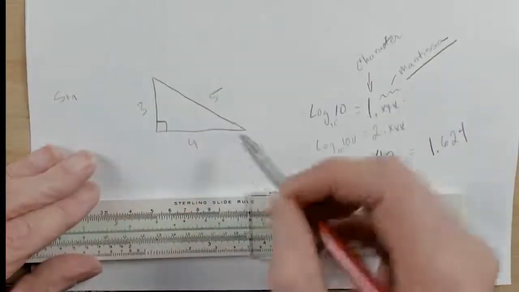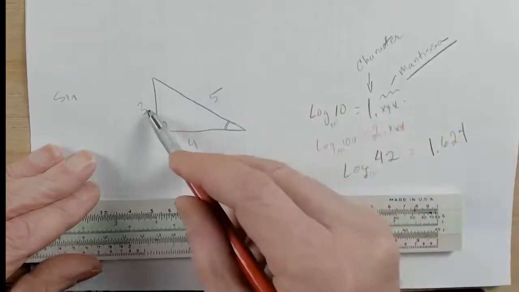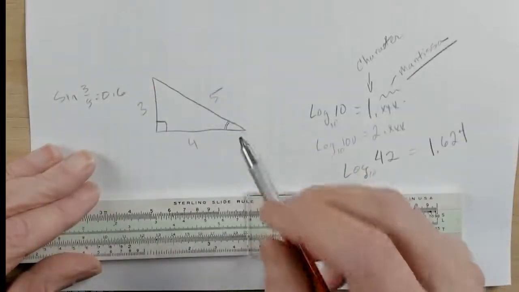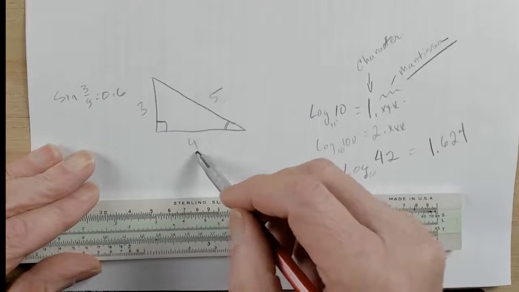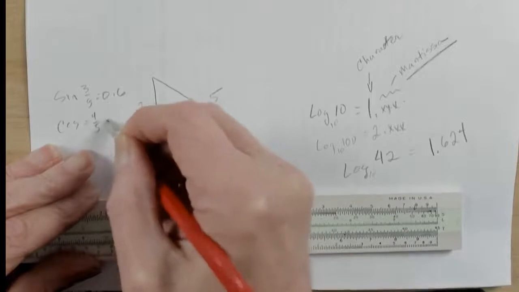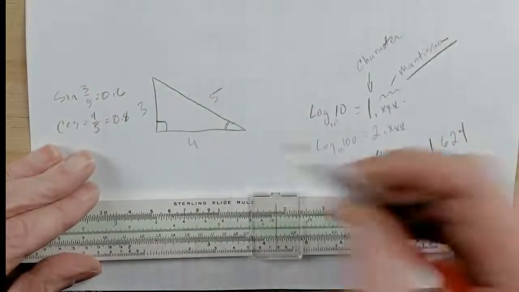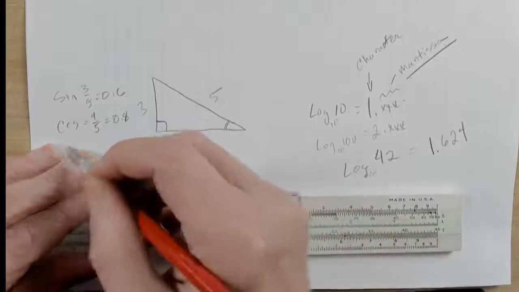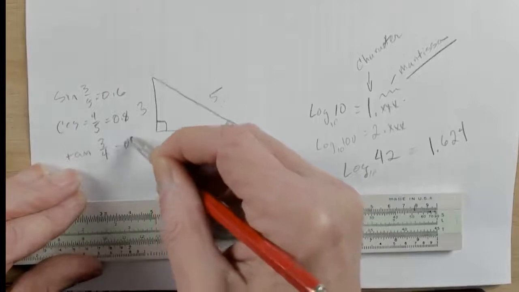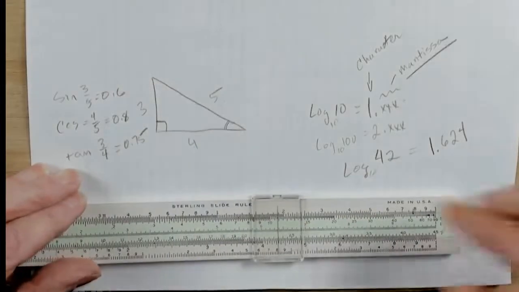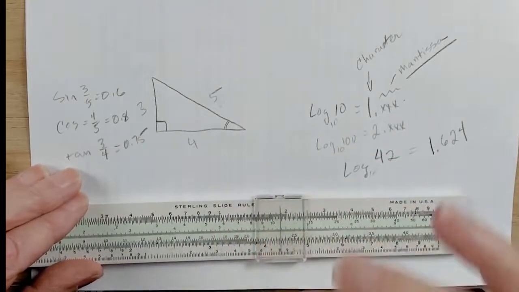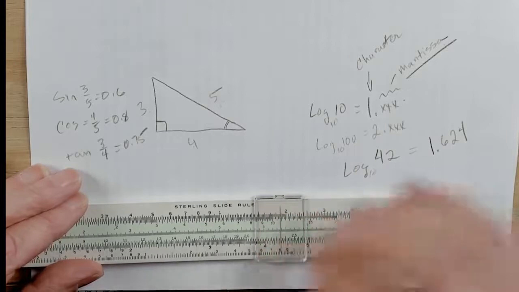Sine for this angle will be opposite over hypotenuse, 3 over 5, or 0.6. The cosine will be the adjacent over the hypotenuse, or 0.8. And the tangent will be opposite over adjacent. But what's that angle? We can solve that using something called an arcsine, arccosine, or arctangent function.